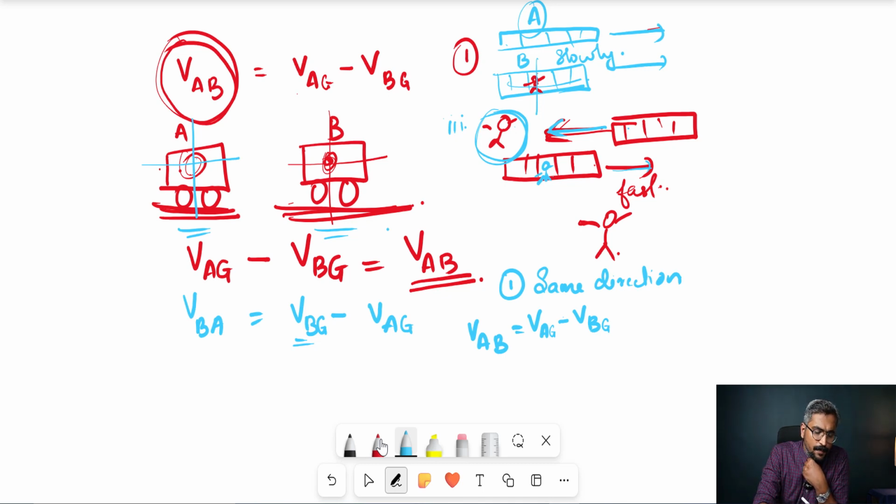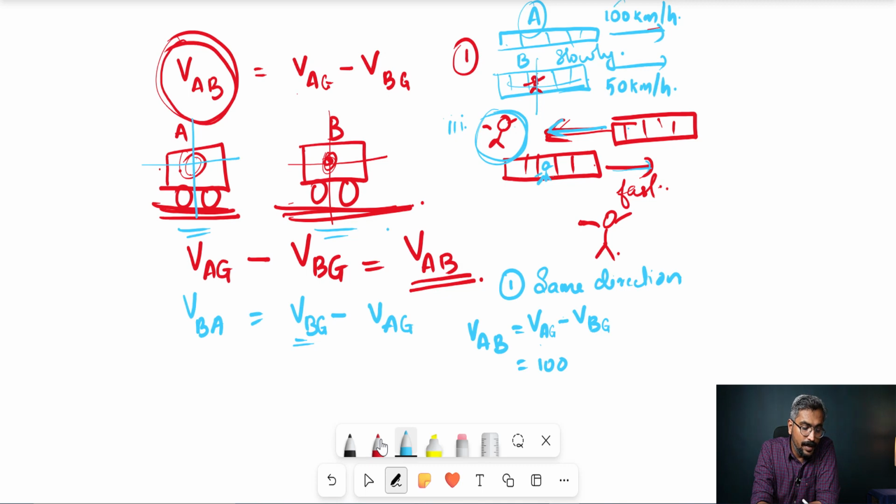Just imagine the first train is having 100 kilometer per hour speed, and the second train is having 50 kilometer per hour speed or velocity. So here VAB means velocity of A minus velocity of B. Then VAG means 100.